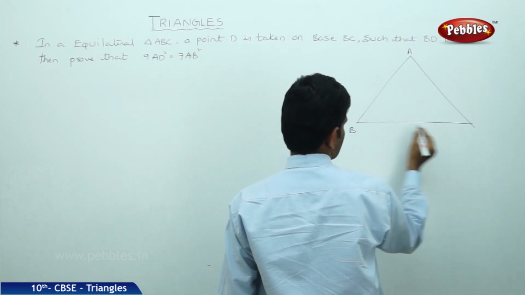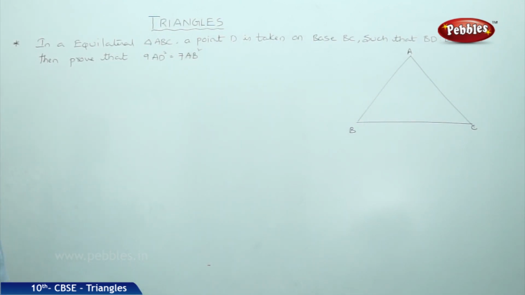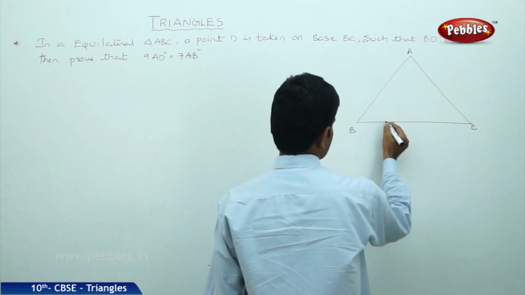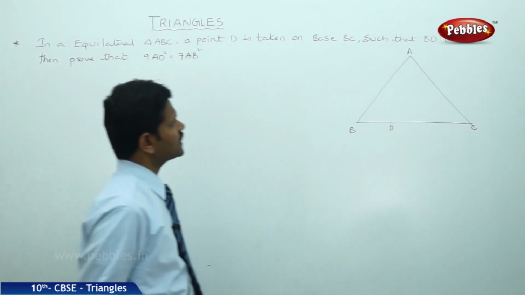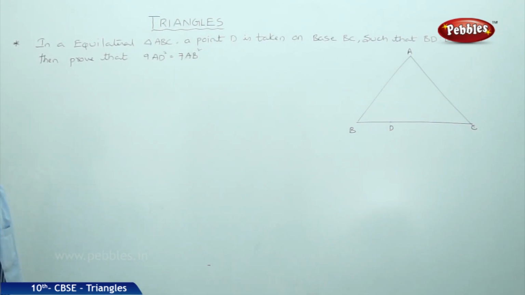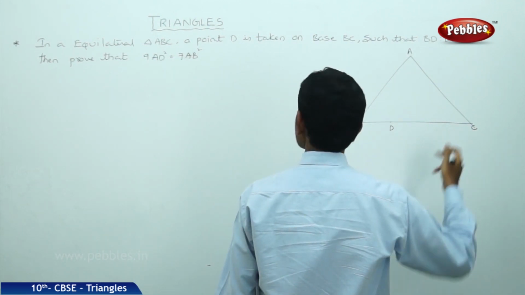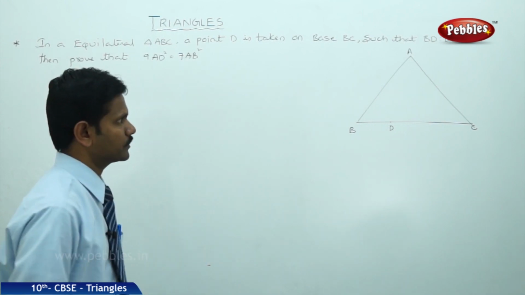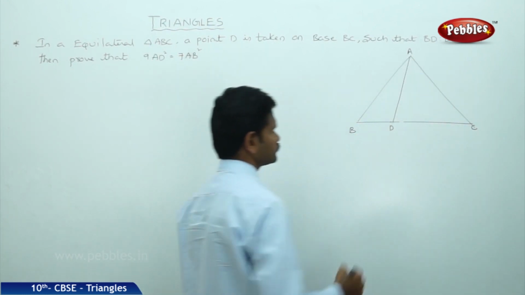It is given that D is a point on BC such that BD is to DC is equal to 2:1. Now join AD.